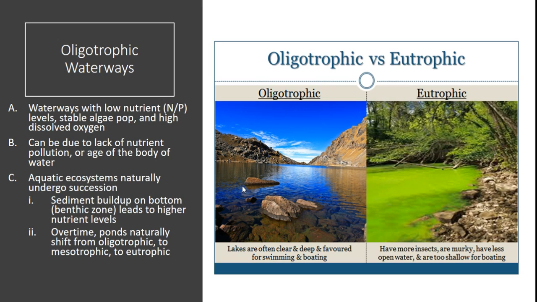Now, aquatic ecosystems, however, can naturally undergo succession, and we can see that occurring when we have eutrophic lakes, since the sediment and the organic matter can begin to build on the bottom or benthic zone, leading to even higher nutrient levels, and over time, maybe that eutrophic lake winds up shifting.